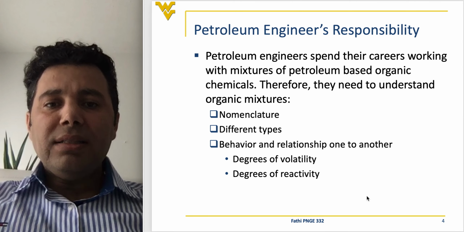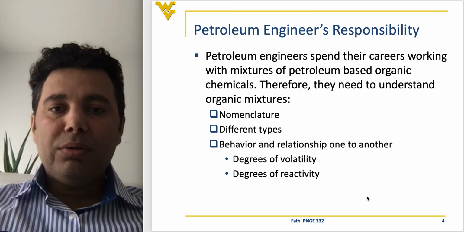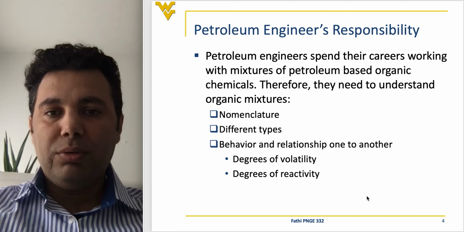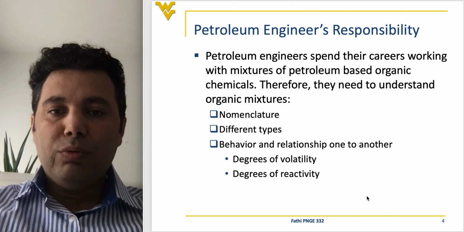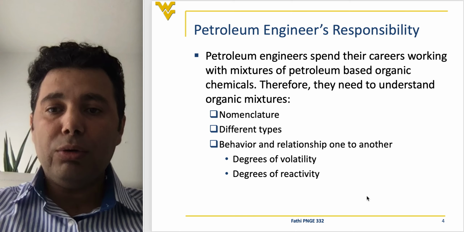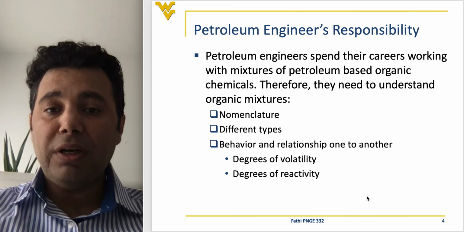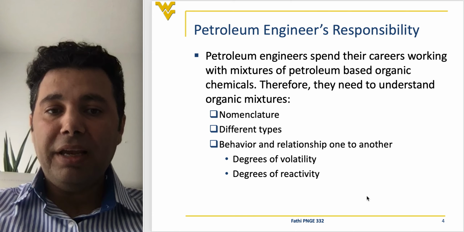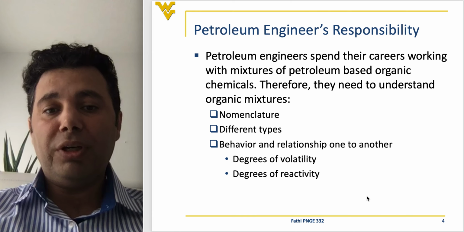So, as a petroleum engineer, our responsibility, again, is to know the product that we are going to sell. We need to know how to name those products, how to differentiate them, define different types, and we should be able to define their behavior and relationships to one another.